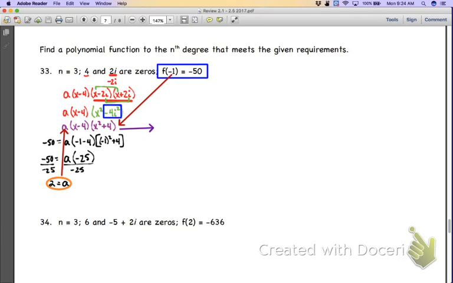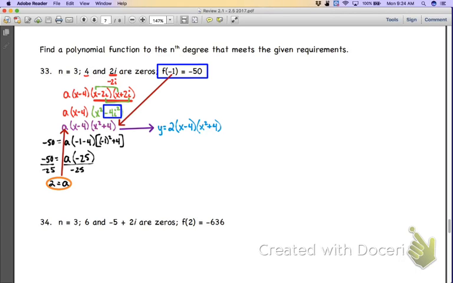So now I can kind of finish what I had and have positive 2, excuse me, or y equals, or f of x, whatever you want to call it, is equal to 2 times x minus 4 times x squared plus 4.